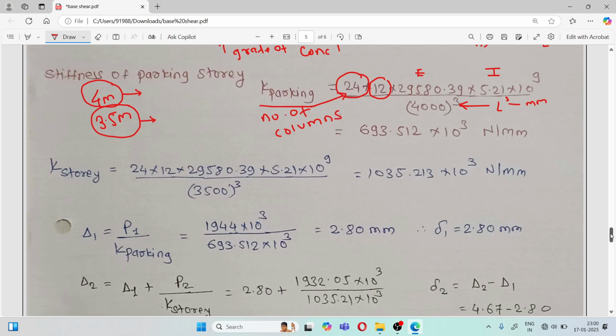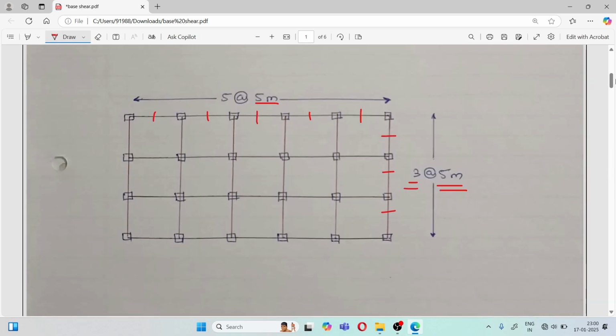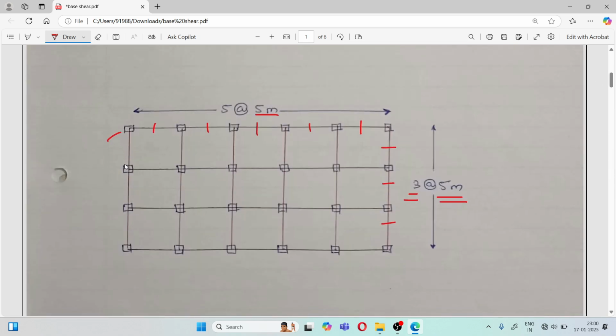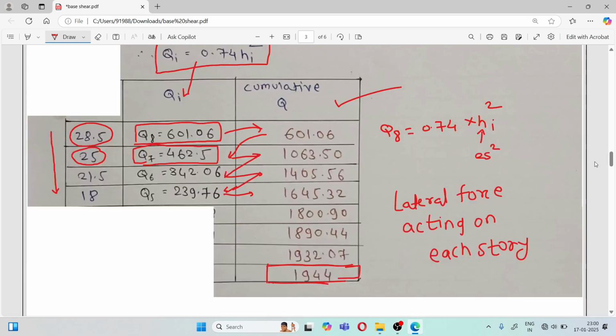If you see here in the plan, 1, 2, 3, 4, and similarly 1, 2, 3, 4, 5, 6. So 6 into 4, 24 number of columns are there. That's why we have multiplied by 24.